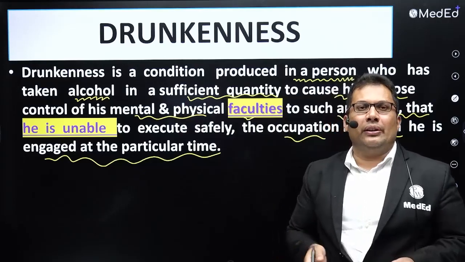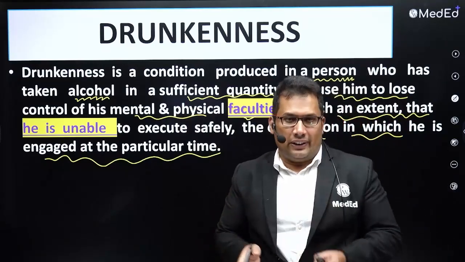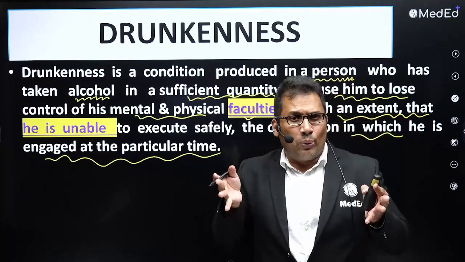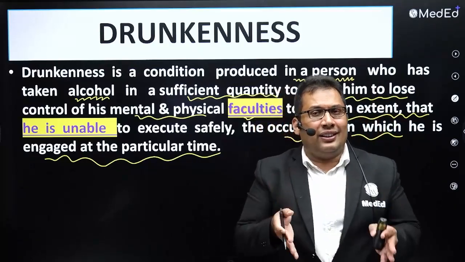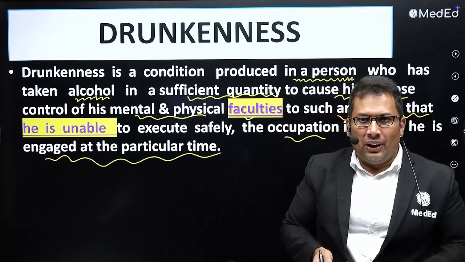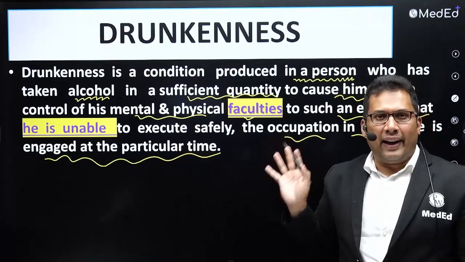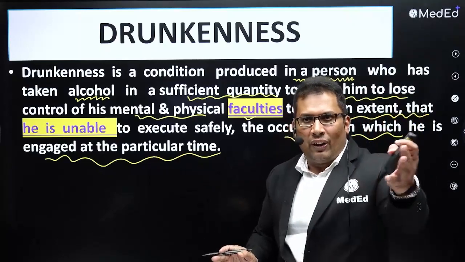So, one example, driving. Legal limit of alcohol for drink and drive according to Motor Vehicle Act is 30 milligram percentage. So, this is the definition you need to memorize. This can be asked: define drunkenness.